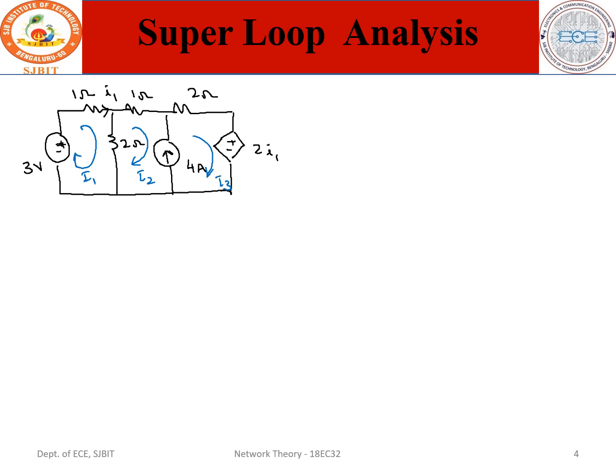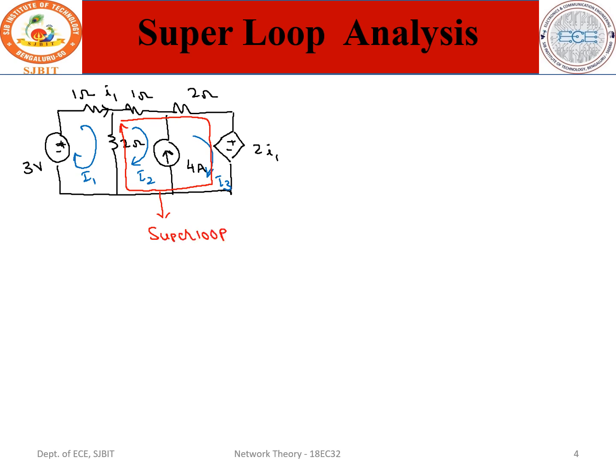In this example, there is a 4 amp current source existing between loop 2 and loop 3, and therefore this becomes a super loop. This is your super loop.